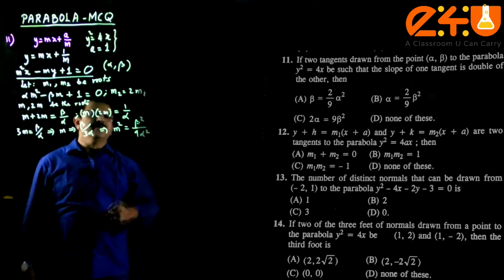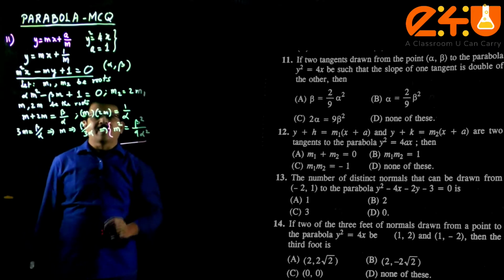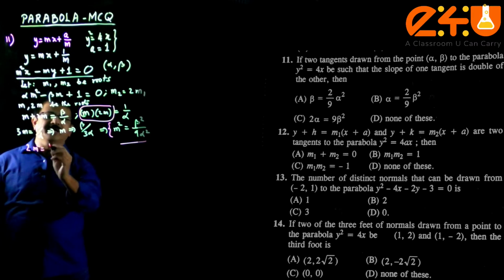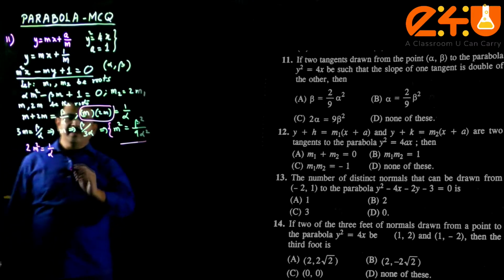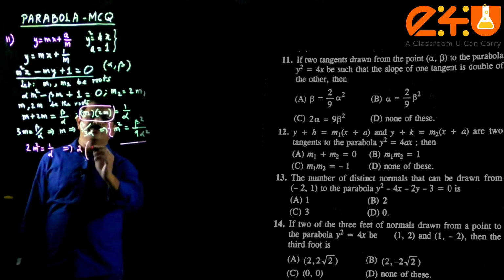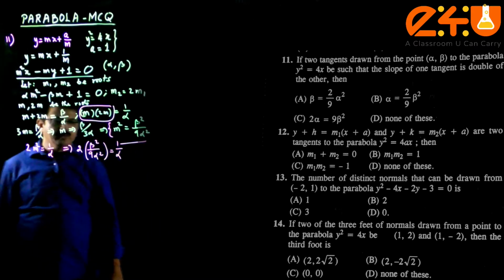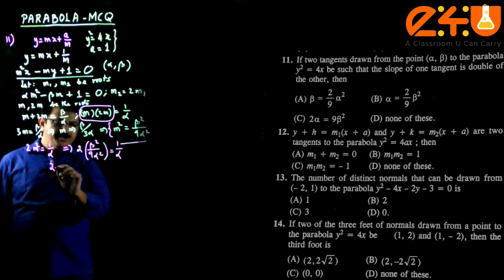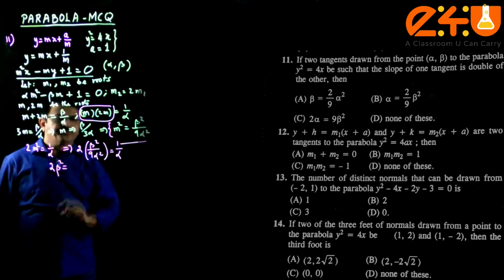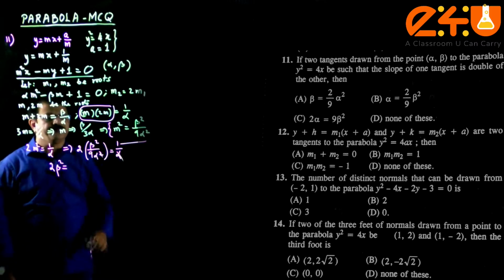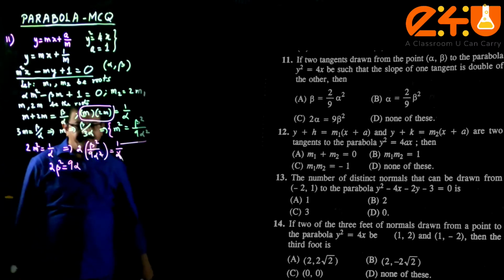So m square gives this answer, and from the product we already have 2m squared is 1 by alpha. Which means 2 times beta square by 9 alpha square is equal to 1 by alpha, which means twice beta square equals, I can cut off one factor, 9 alpha.